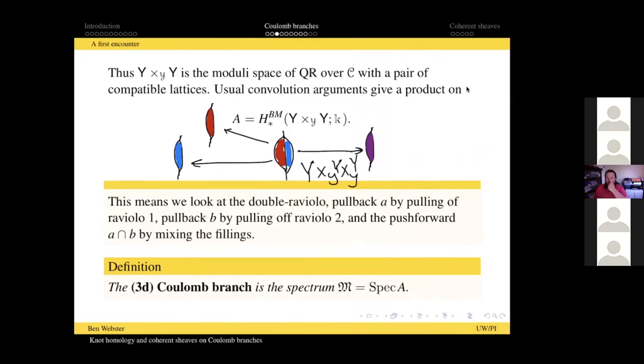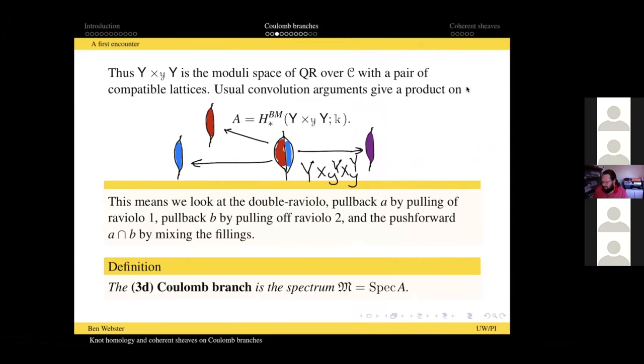So I can think of an element of the fiber product as: I have a representation on the punctured disk, this representation over the Laurent series, and I choose two lattices inside it that tell me how to extend over the disk in two different ways. And this picture of extending over the disk in two different ways is called a raviolo.